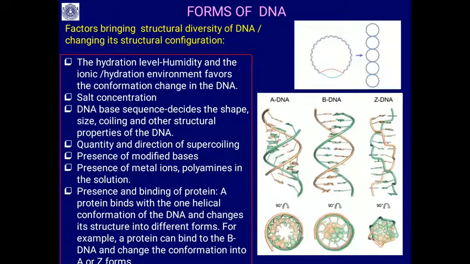A hydration environment favors the conformational changes in the DNA. If it is 92% humidity or hydration, the DNA occurs in the B form. If it is 75% hydration level, then it occurs in the A form of DNA.